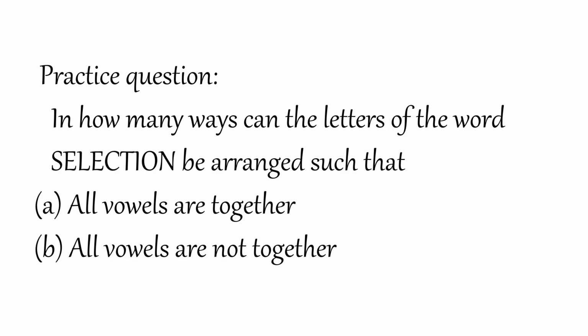I have given a separate video for that, on how to arrange the letters. You go through that. So arrangement is one condition, and together and not together we have explained in part 3 or part 4, in permutation basics. If you go through that, these two are to be combined now. So try to complete this question and I'll give the answer later in the next class.